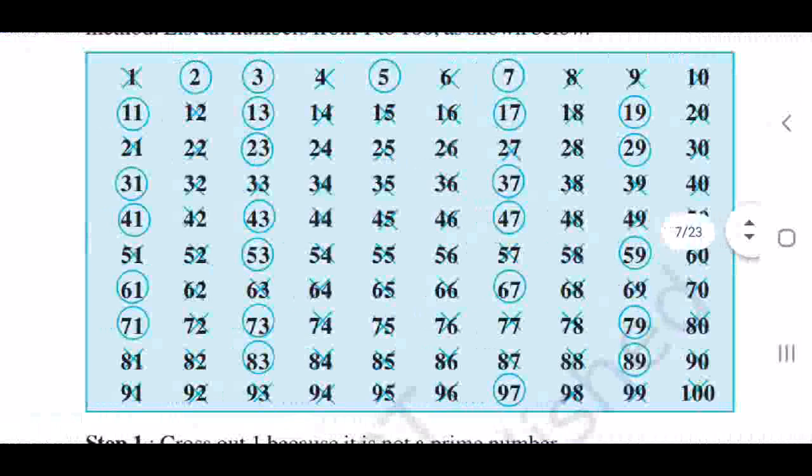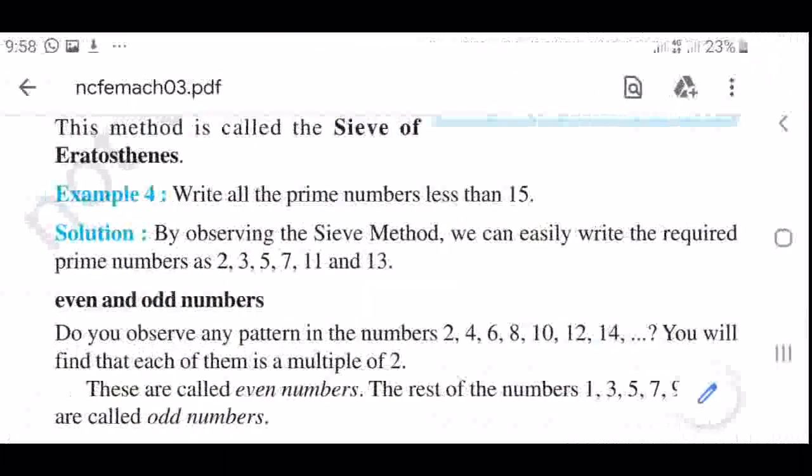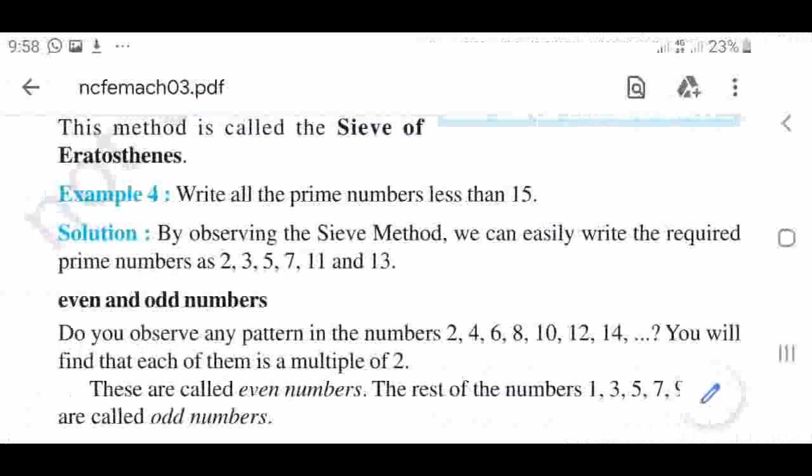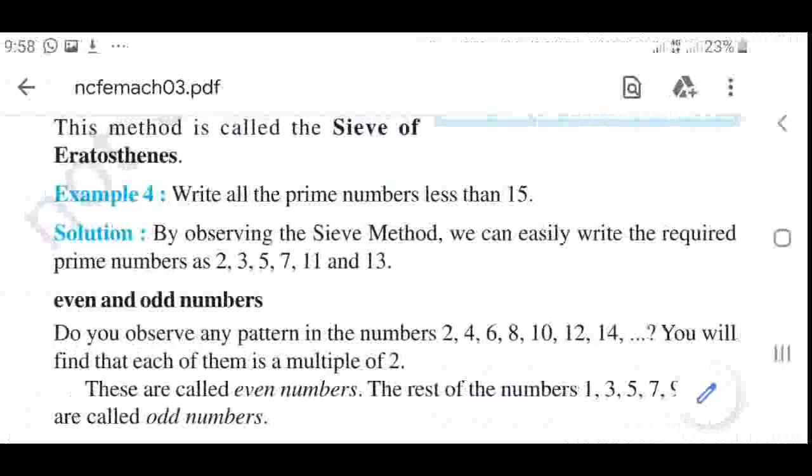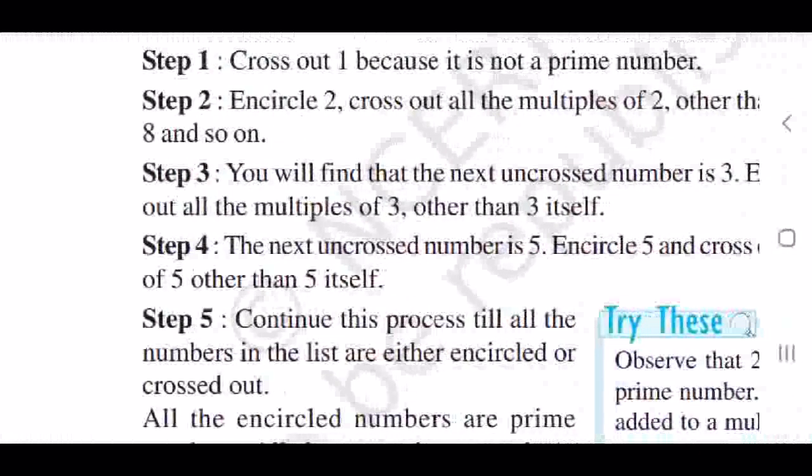I will tell you, don't worry. This method to identify the prime numbers, we are using this special method. This method is called sieve of Eratosthenes. Okay. Its steps are clearly given. Cross out 1 because it is not a prime number. Next step is encircle 2.